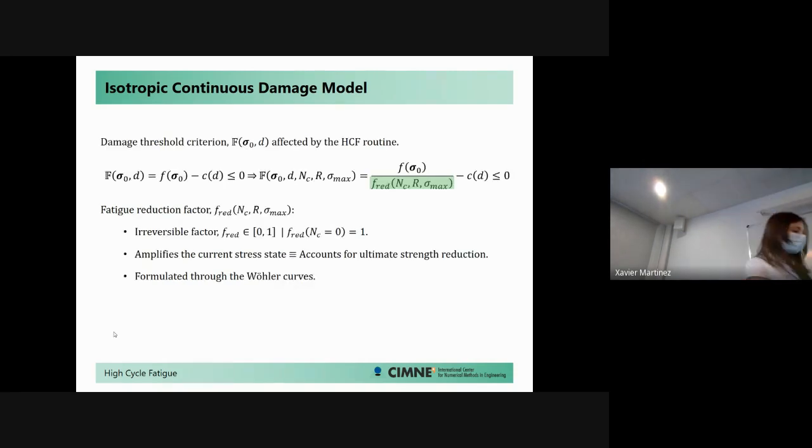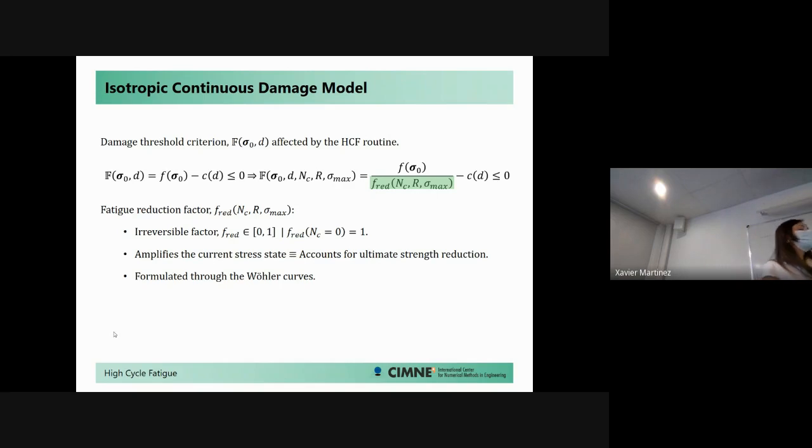Now, everything that I've shown before is what you would get in a standard classic damage model. As I said, quite a simple one. But you would have no effect of fatigue whatsoever. You would be applying the cyclic loading, you would have elastic strains, elastic stresses, millions of cycles, and the material would be completely untouched. And we know this is not what happens in reality, okay?